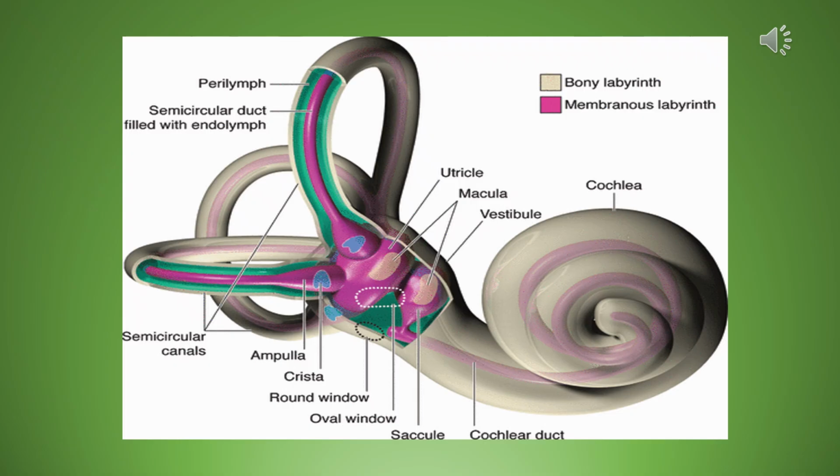So all of this taken together oftentimes is simply called the labyrinth, and disorders of the inner ear are often called labyrinthine disorders. So the same endolymph and the same perilymph that are present in one are present in the other, but the senses are totally different. Hearing and equilibrium are two totally different senses.